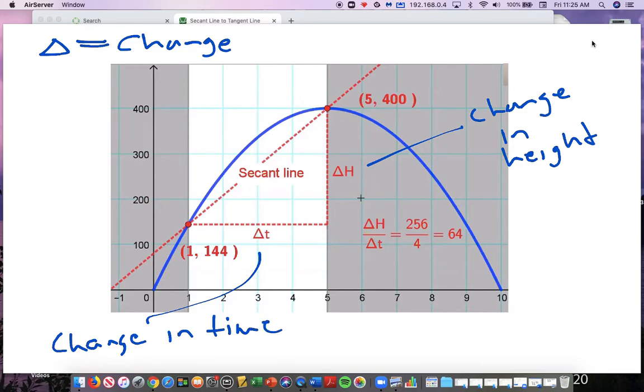And if we do that, we get 64, and that's just over that little interval. That's the average rate of change of this projectile that is launched from the ground, goes up to a maximum height of 400 feet in 5 seconds, and then lands back on the ground at 10 seconds.